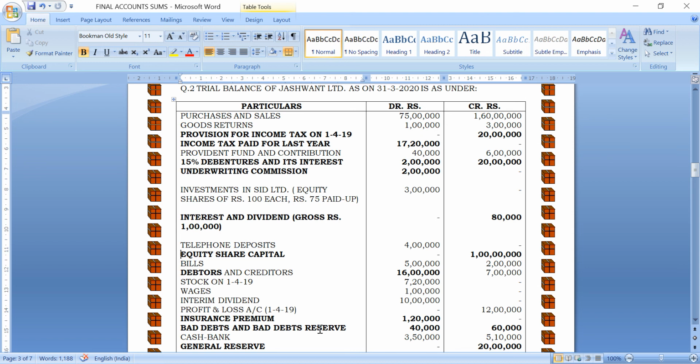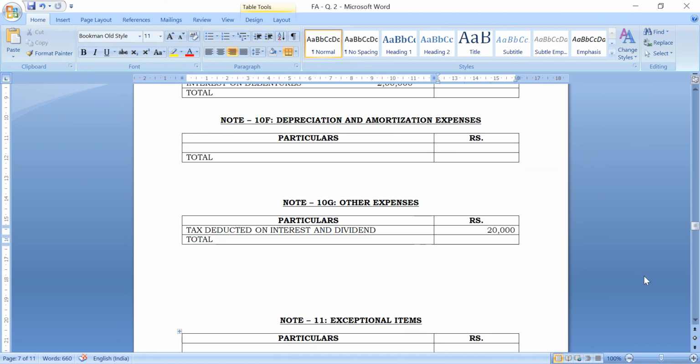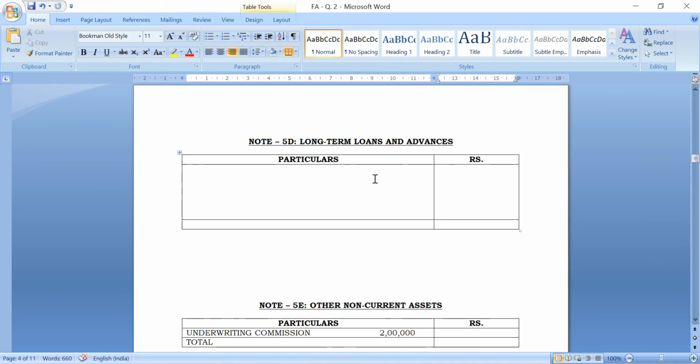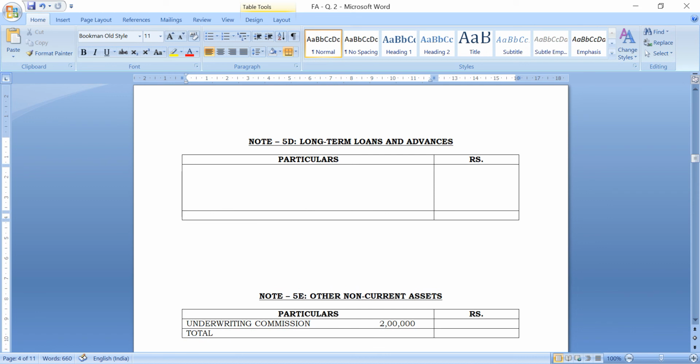Then below interest and dividend we have telephone deposit, and that is going in note number 5D. 4 lakhs is the amount, and we have to put it in 5D. 5D, 5D, here it is, long term loans and advances. In it we put telephone deposits.